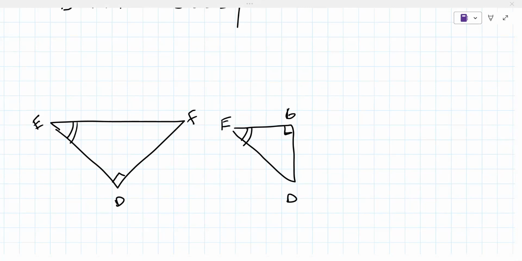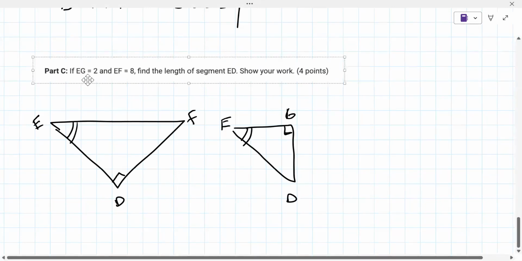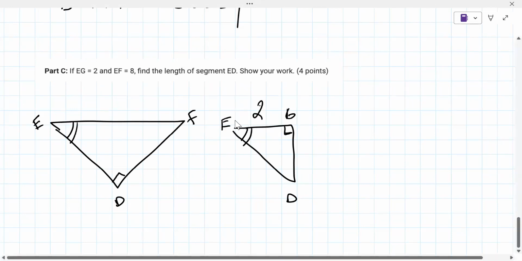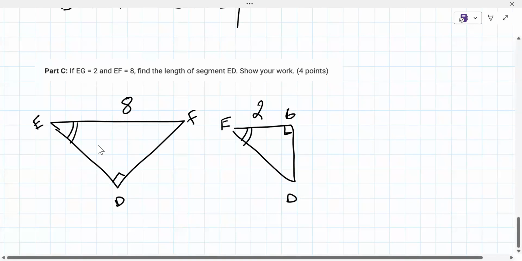So again, because these aren't oriented quite right, you've got to be careful with your mapping of things. EG is 2, okay, but EG goes with ED. And EF is 8. So you might be wondering, how am I even going to do this?